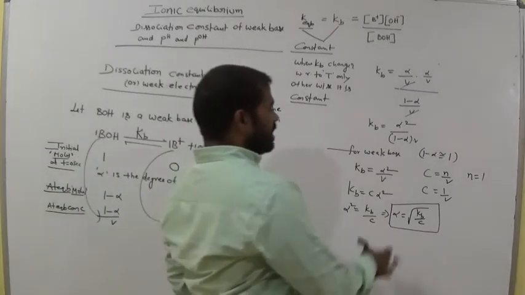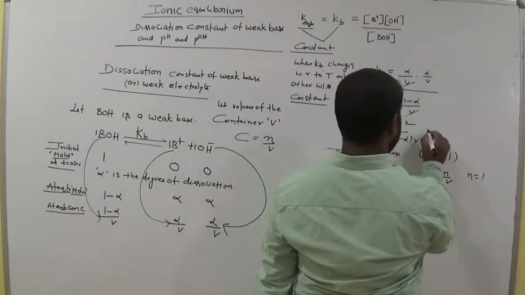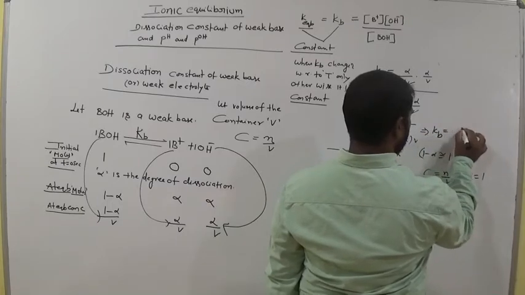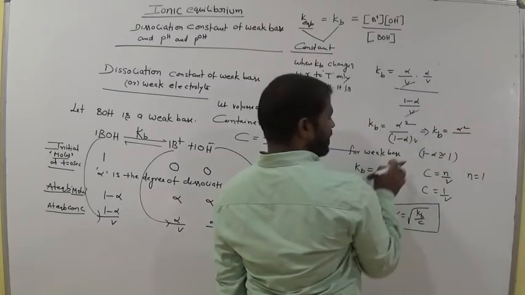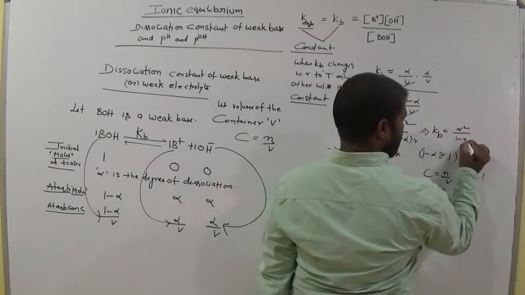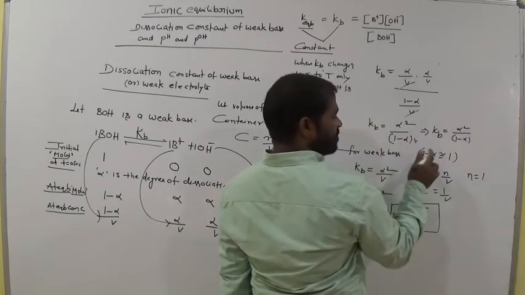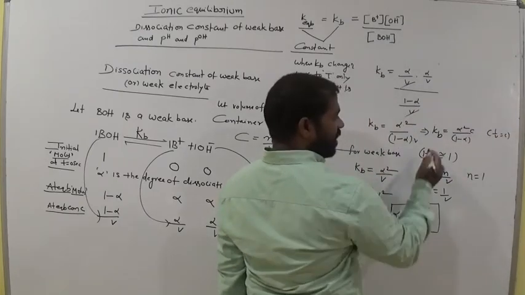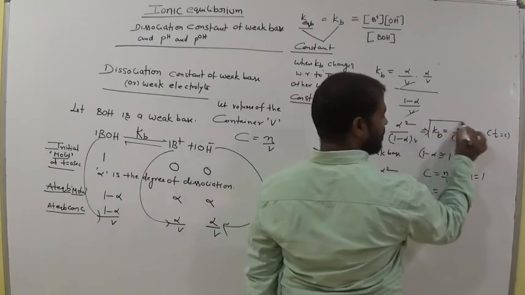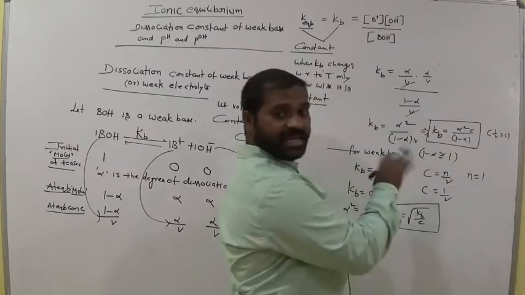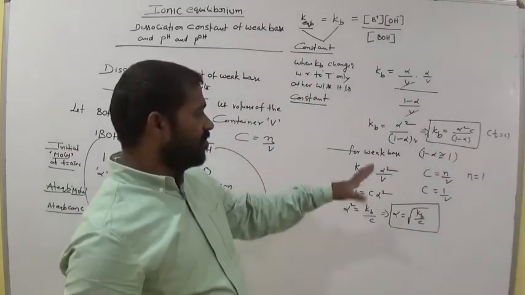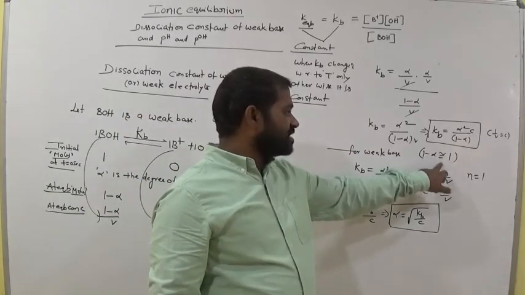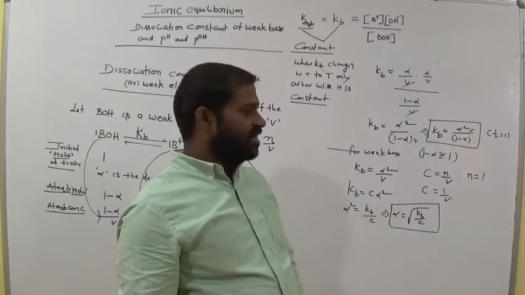So remember this. Here we can also write the expression as Kb equals C alpha square by (1 minus alpha), since 1 by V is equal to C. This holds for any acid or base, strong or weak.